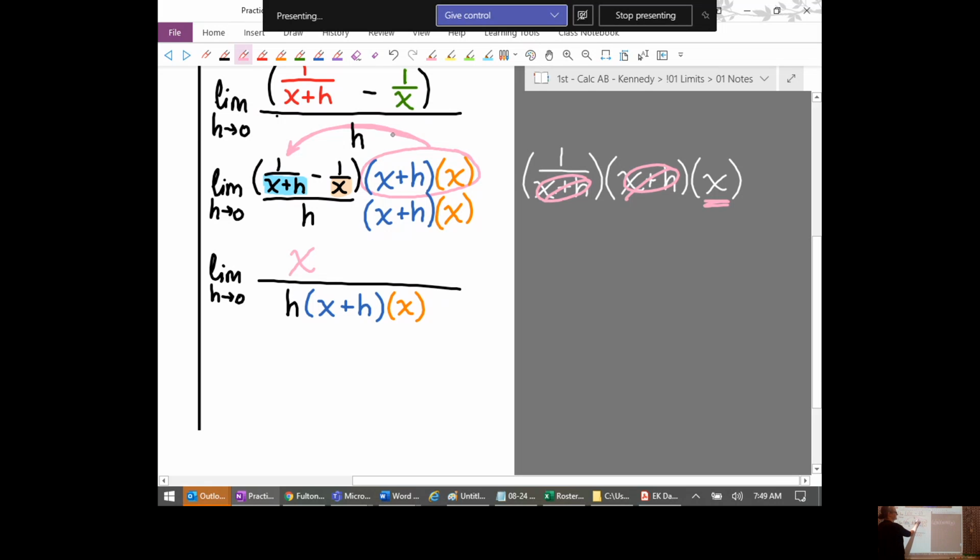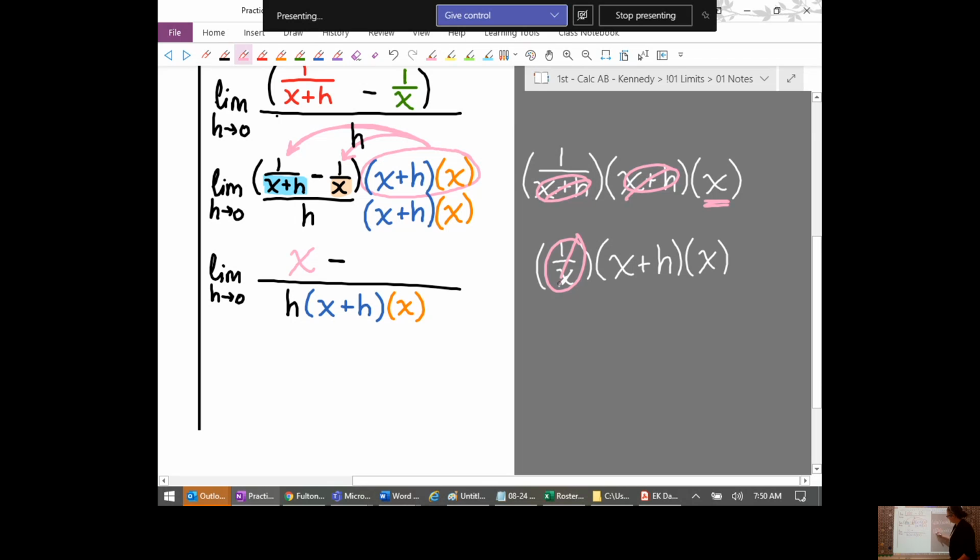And then my second distribution step. I'll deal with that negative a little bit later. I'll just throw that down there. Let me try to write it correctly this time. So I have a 1 over x, and it's getting multiplied by a blue x plus h and an orange x this time.